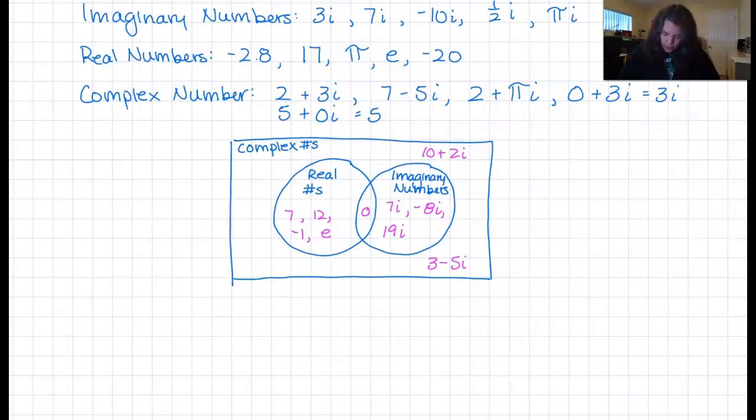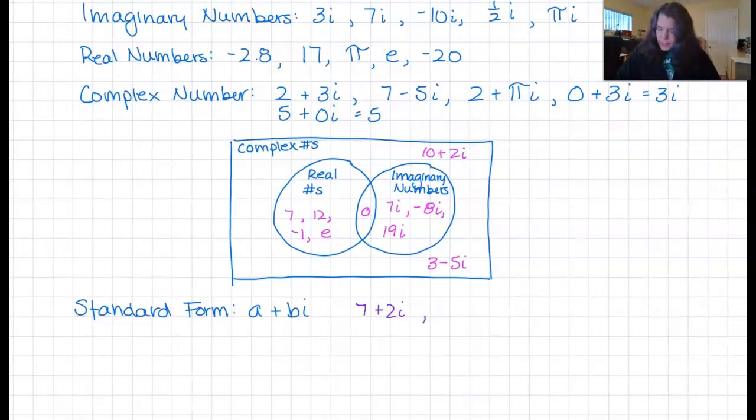Now, there's a standard form for complex numbers, and it's a plus bi. It's standard that we write the real number first and then the imaginary part. So likewise, if you've got something like 7 plus 2i, we've got the real part, then the imaginary part.